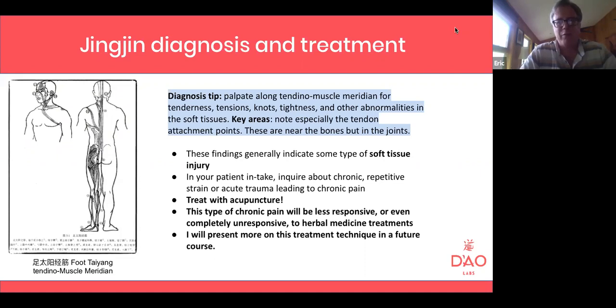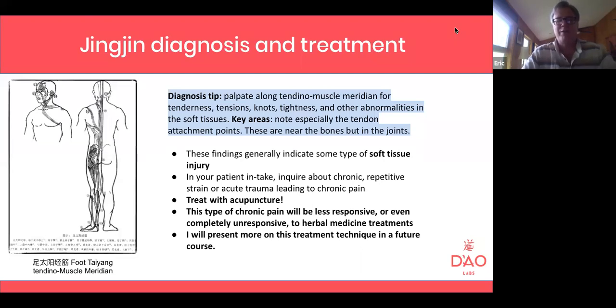One key point though is that when you're palpating these attachments, you'll be close to the bone, right on the edge of the bone, but not actually in the joint. You'll get practice at this, but you'll notice the injury is really in the soft tissue, not in the joint.